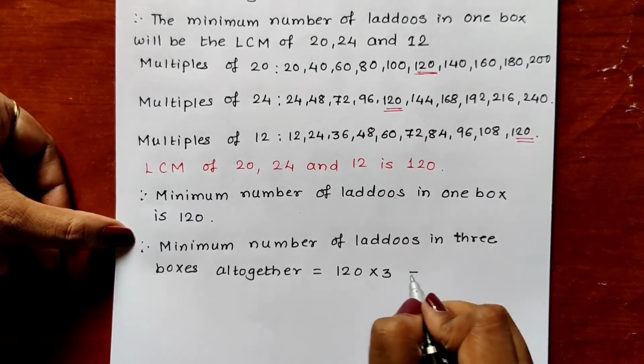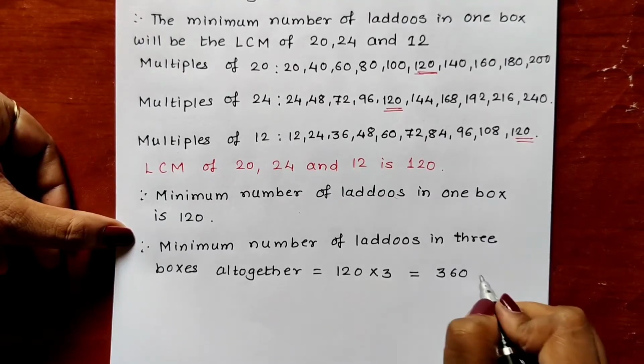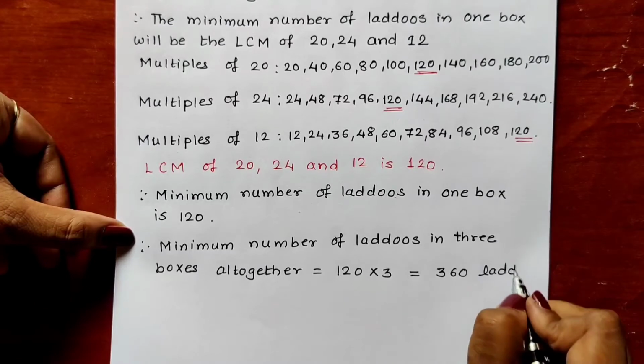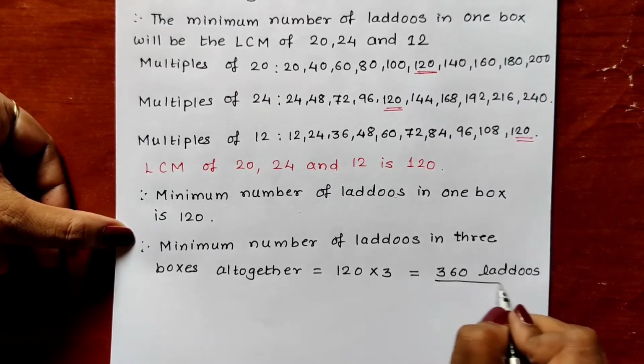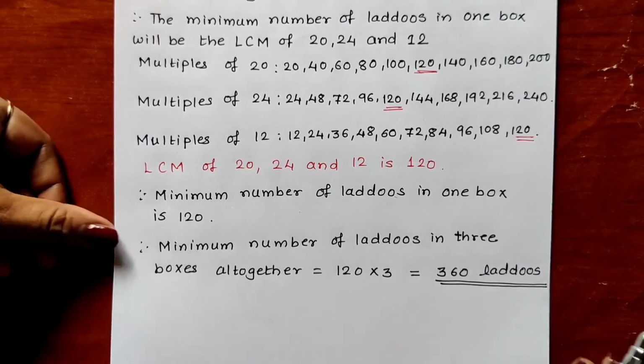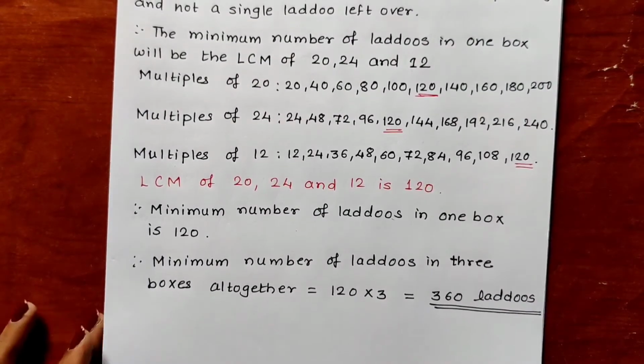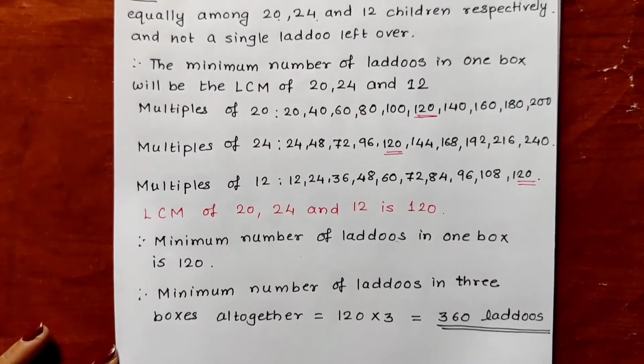What will be the answer? 360. 360 laddus is the answer. Okay. So in this way we can find out the answer by finding the LCM of these numbers. Next question.